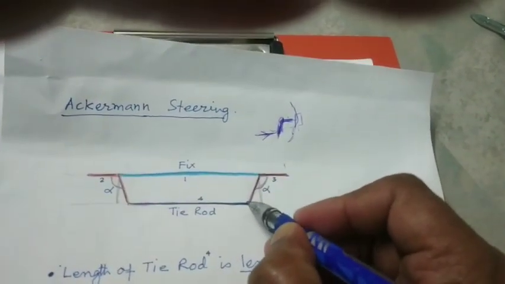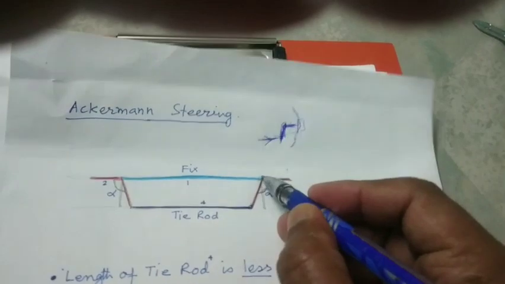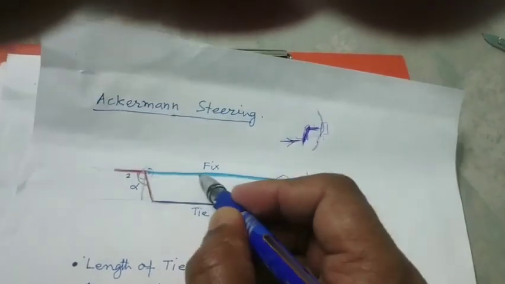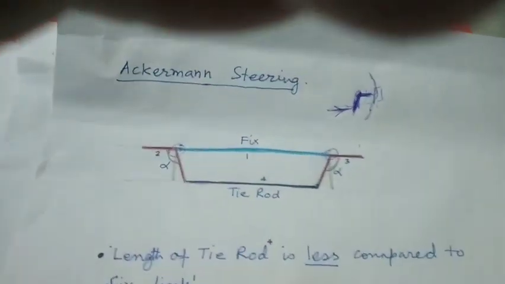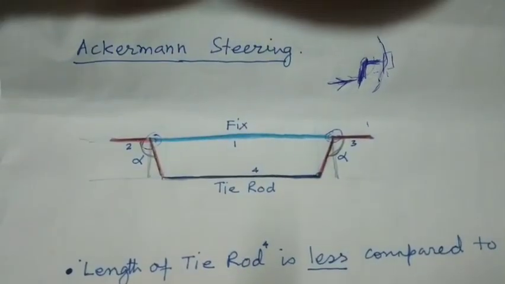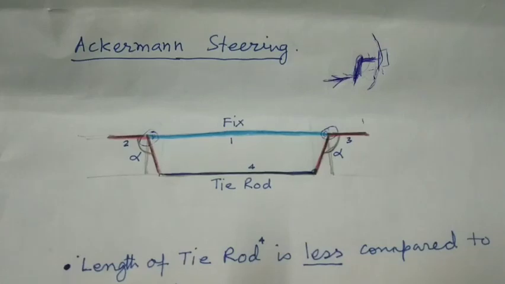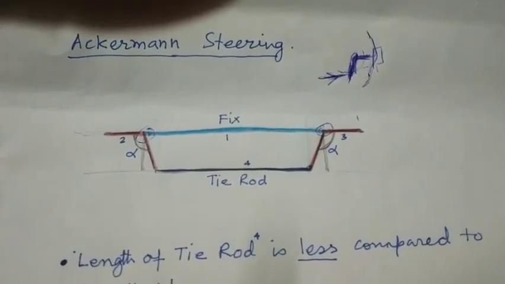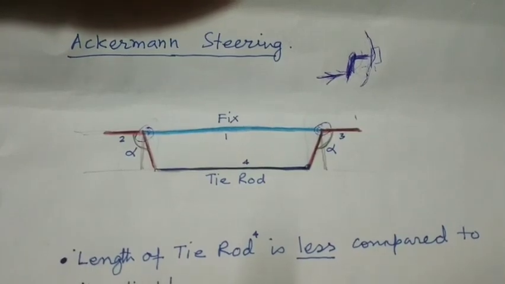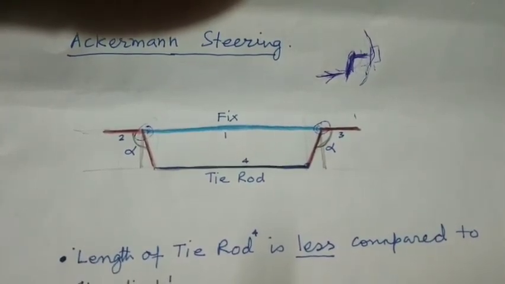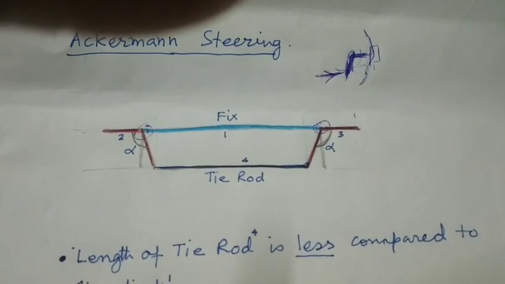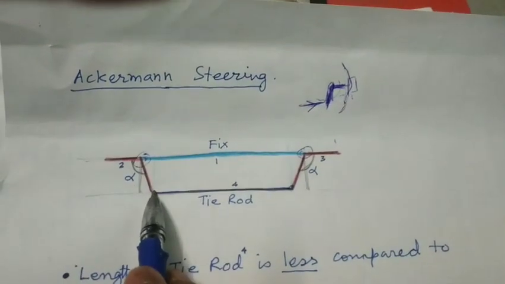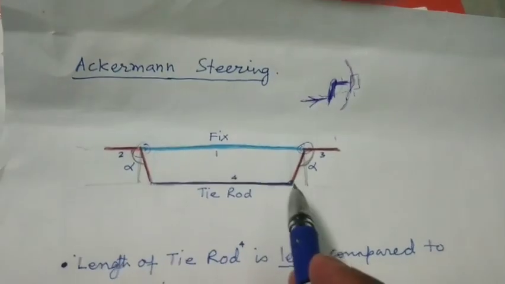This is the hinge point number 1, and this is the hinge point number 2 with the axle. So this is the axle. The fixed axle is connected to the 2 hinge points of connection 2 and 3, and the fourth rod, which is the tie rod, is connected to 2 and 3 at this position with 2 and this position with 3.